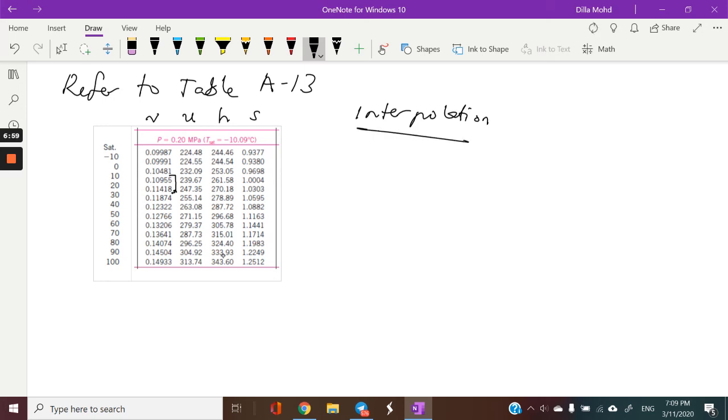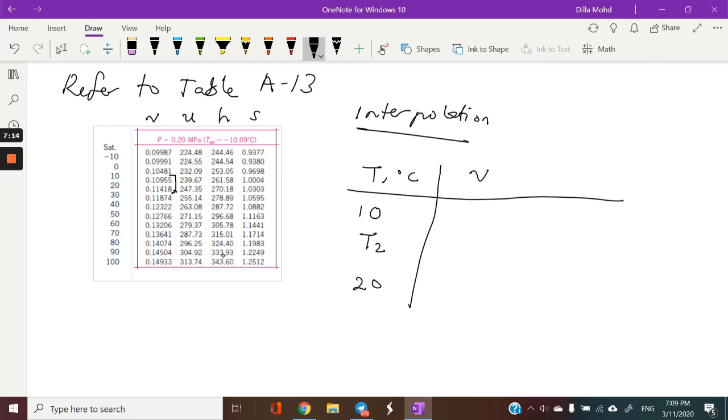Make a little table. This is my specific volume. You take 10 degrees Celsius, and this is your T2, and this is 20. You bring out the specific volume corresponding to 10 degrees Celsius, this is your actual specific volume, and this is the one corresponding to 20 degrees Celsius.